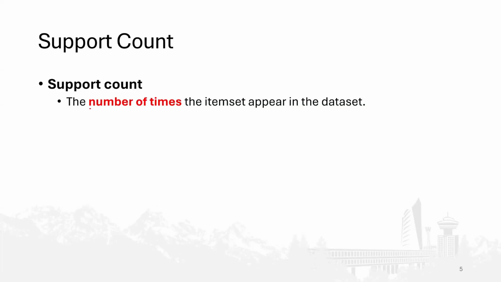The next term we need to know is support count. What is support count? Support count is just the number of times the item set appears in our data set. We want to know this because we want to know which item sets appear frequently in our store.